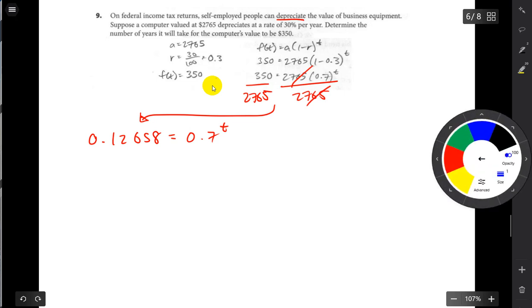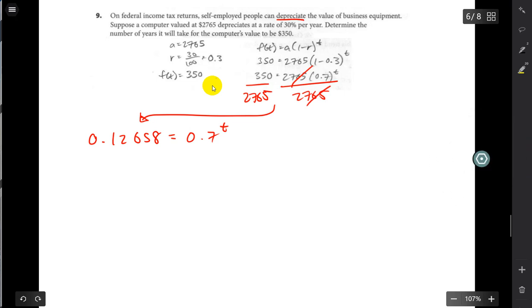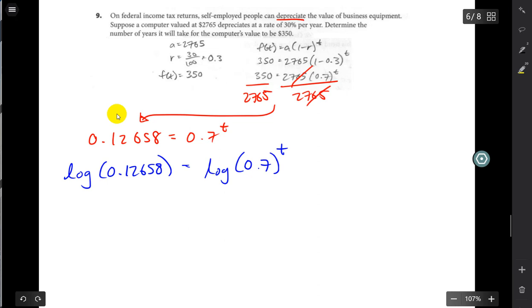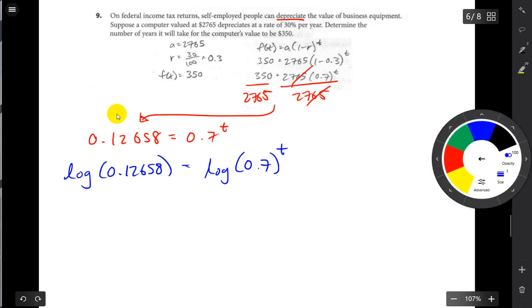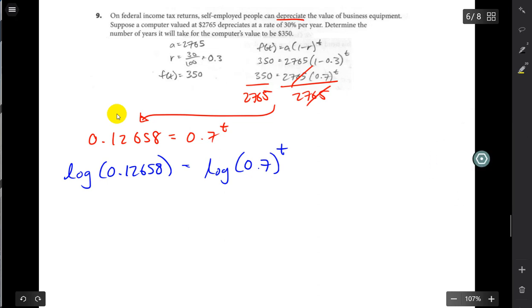Okay. So now what we're going to do is basically what I showed you earlier. If you like that method with common logarithms, we can rewrite both sides with a common logarithm. So log of 0.12658 equals log of 0.7 raised to the power of t. Now we take this exponent and drop it down.